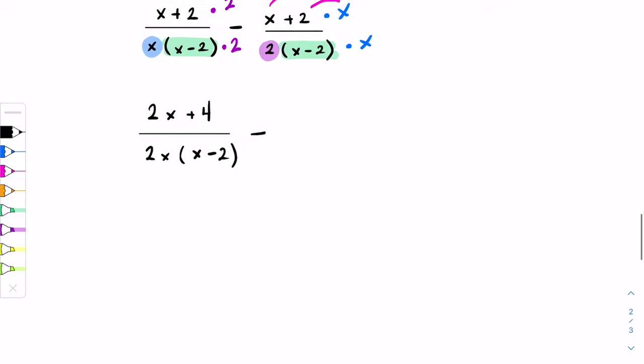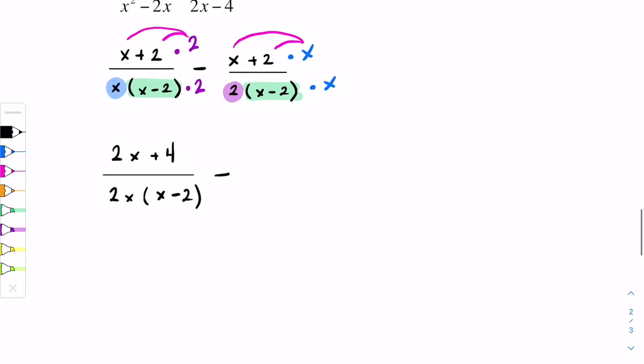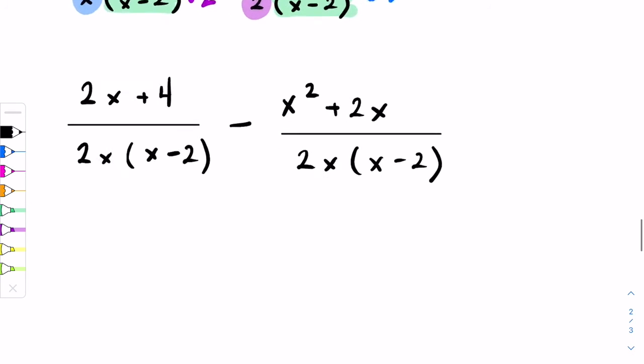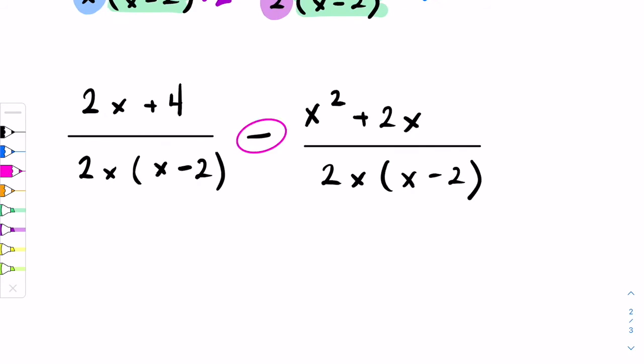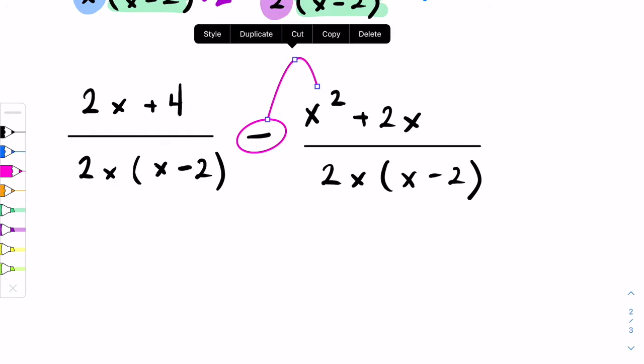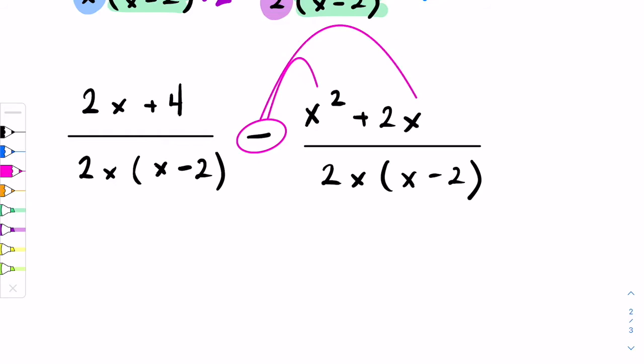We are subtracting our distributed numerator as x squared plus 2x divided by our common denominator of 2x times x minus 2. Now you have to pay close attention because when you're subtracting fractions, you're actually subtracting every term in the second set of parentheses. So we have to distribute this subtraction sign to both terms in the second numerator.